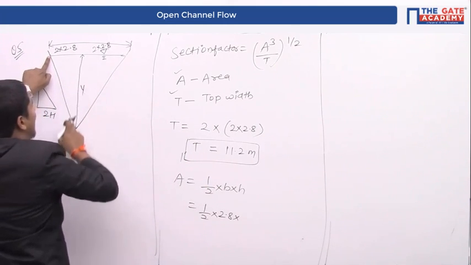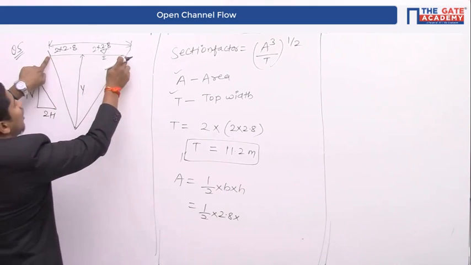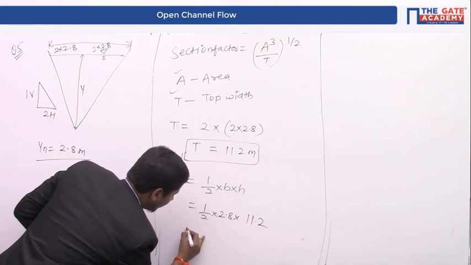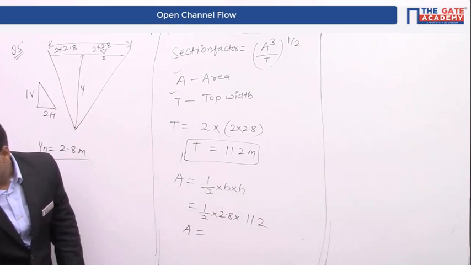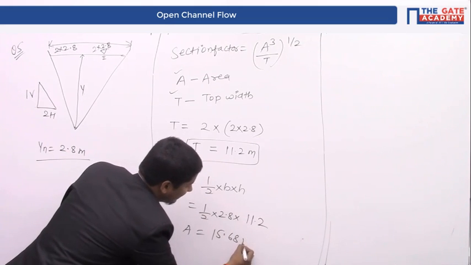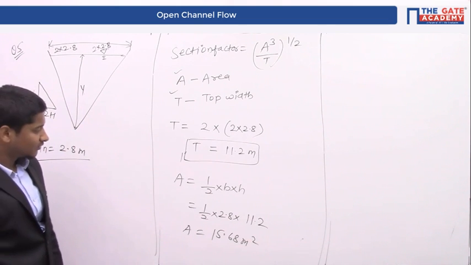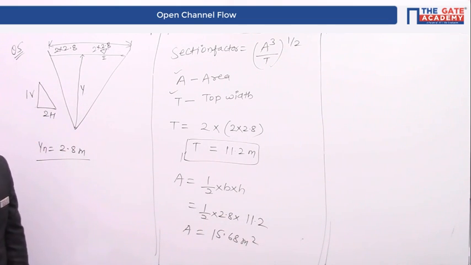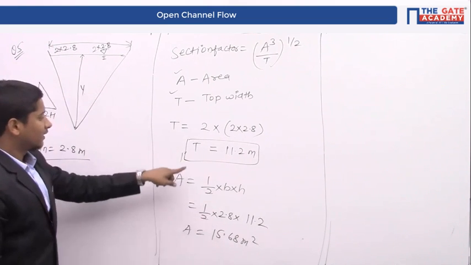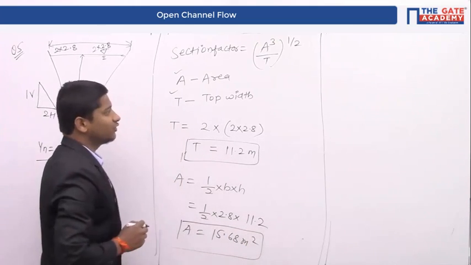This h is given to you, that is 2.8 meter, and this you already calculated, that is top width equal to 11.2 meter. So the final value you will get, area equal to 15.68 meter square, half into this depth. So area you got, T you also got.